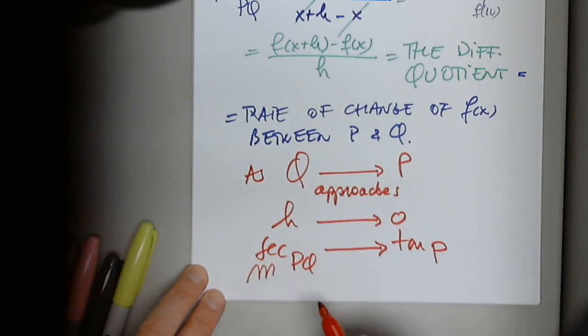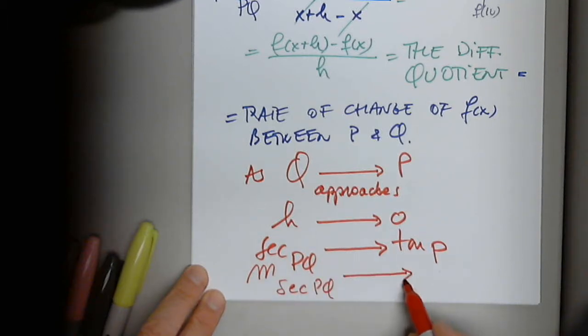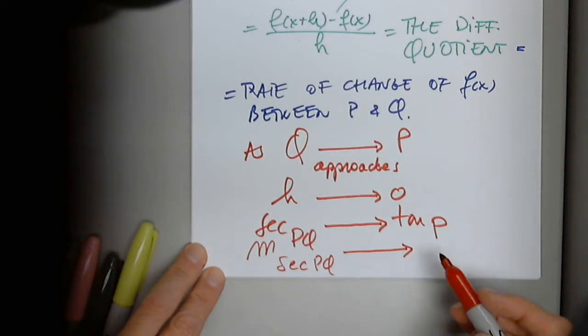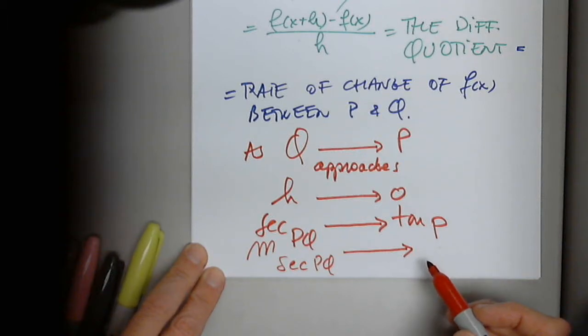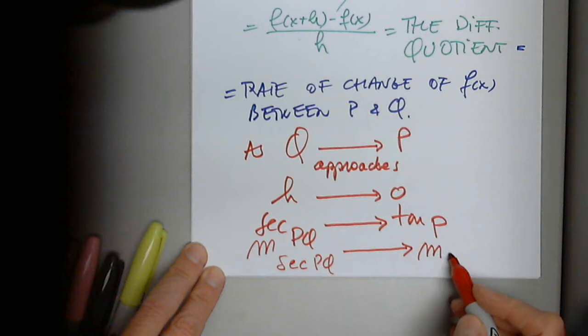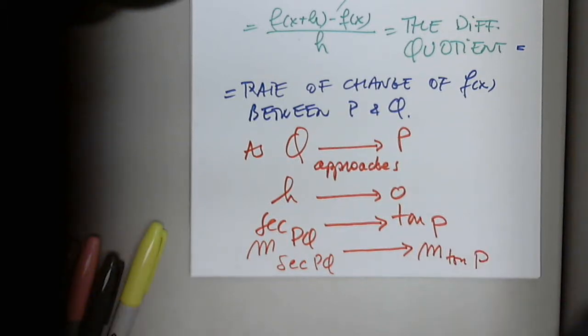And now what I'm interested in is the slope of the secant line PQ, which will get closer and closer to the slope of the tangent at P. So when Q moves closer and closer to P, h gets closer and closer to 0.